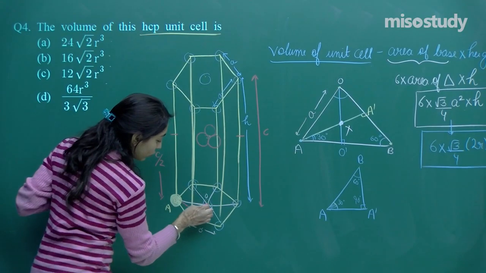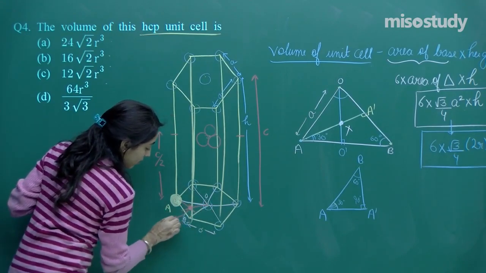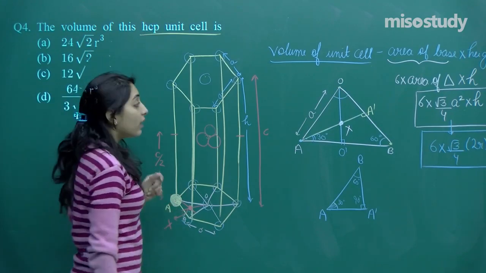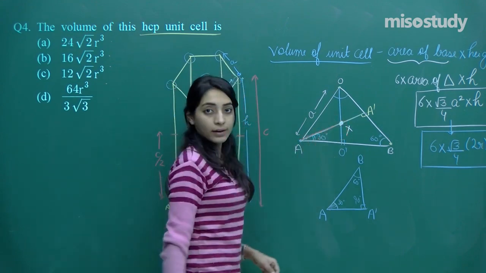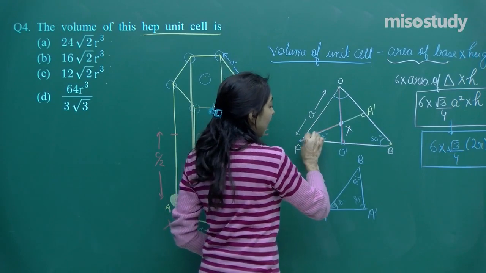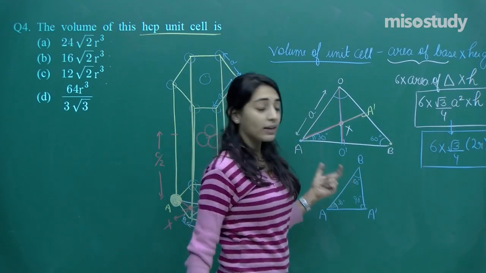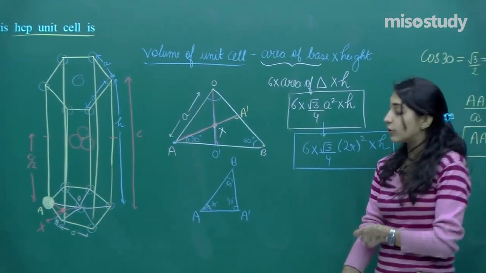One is AA dash, one is BB dash. So this point is X. Now can you simply find out what is the value of AX? See guys, when two perpendiculars in the equilateral triangle intersect each other, at the point of intersection, the perpendicular is divided in the ratio 2:3.